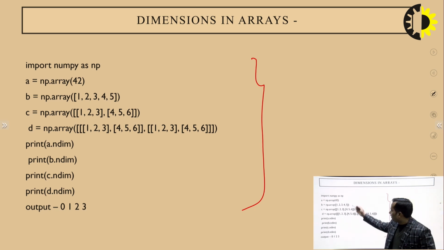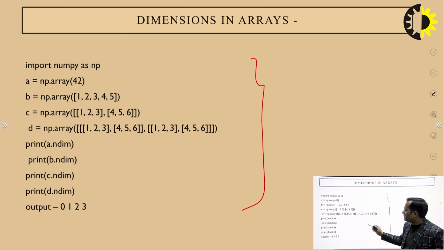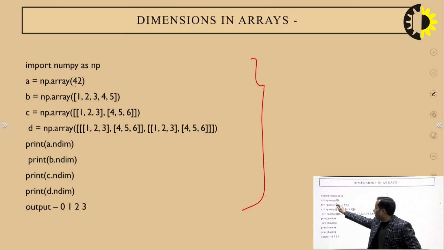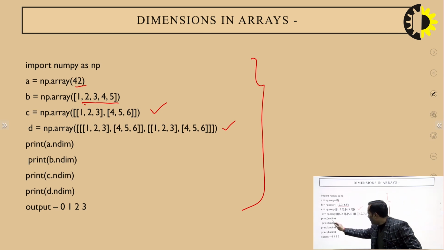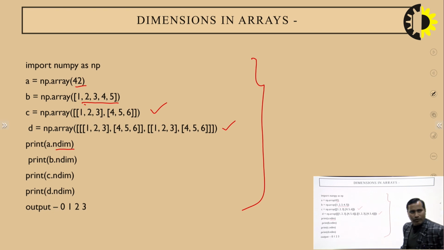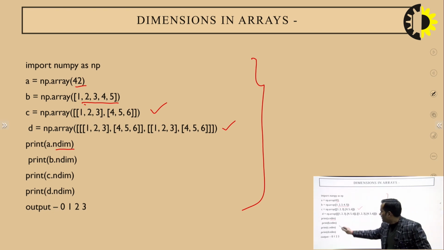So these are very different arrays. As we can see, we have provided only one element here. This is a one-dimensional array, 2D array, and then 3D array. And here, by using the ndim attribute, we want to get the dimensions of these created arrays. So the dimensions are 0, 1, 2, and 3.